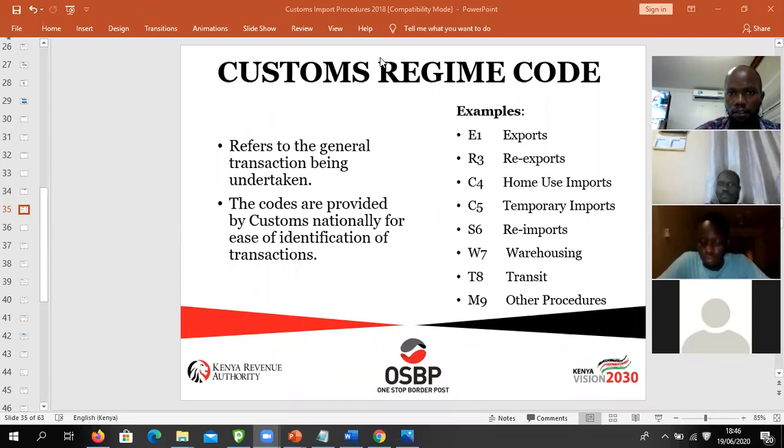Yes, I'm seeing FOB value and CIF value in the entry form. I was just wondering what it's about. I know the difference.